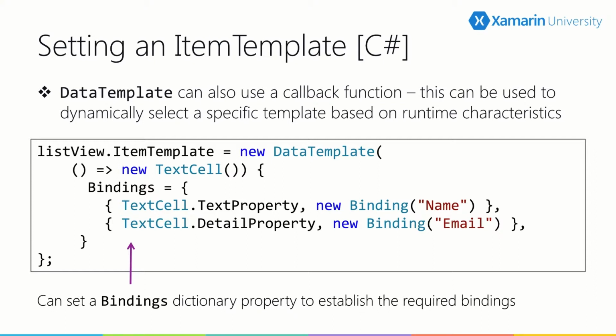This can be useful if you need to provide additional parameters to your cell-derived type. However, this does not allow you to create different data templates or different cells for different rows of your list view. Having different visualizations on a per row basis is also possible. However, it's a more advanced feature which we cover in the follow-up to this course.